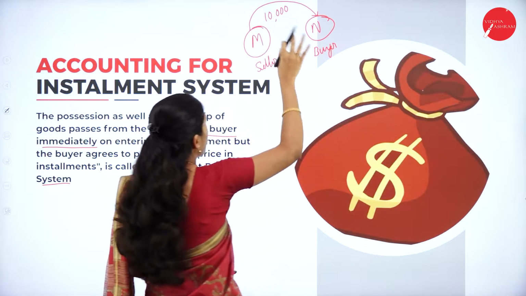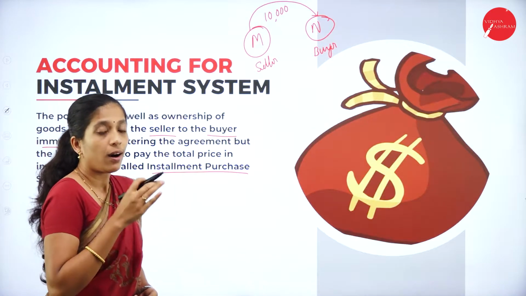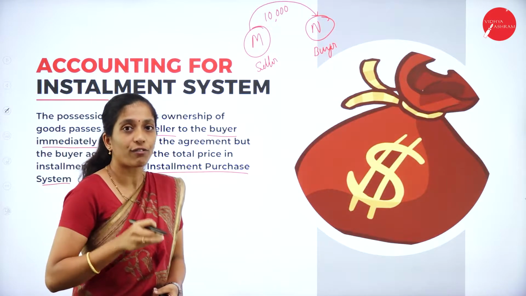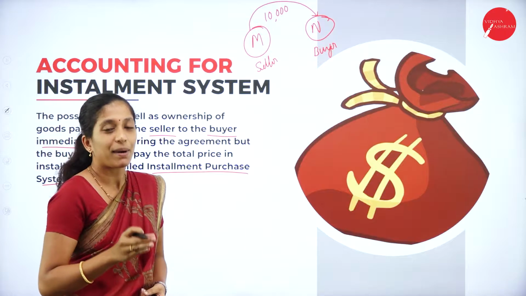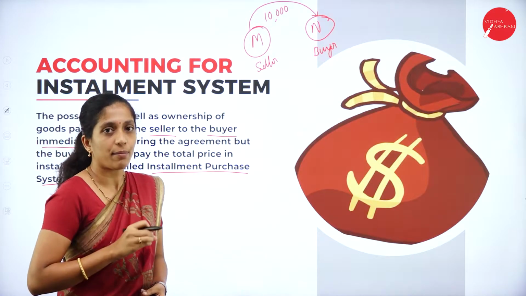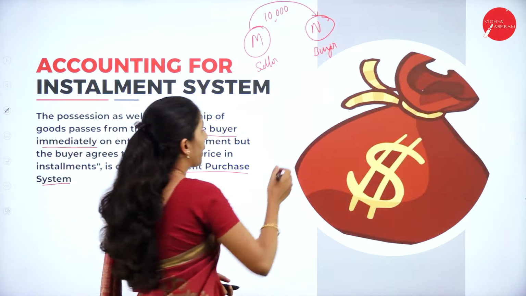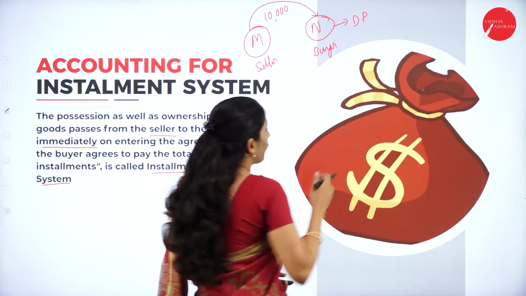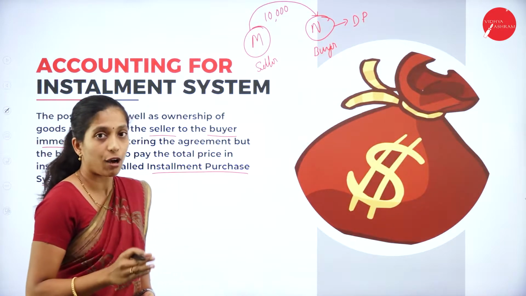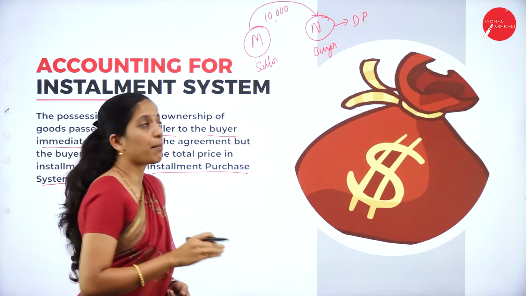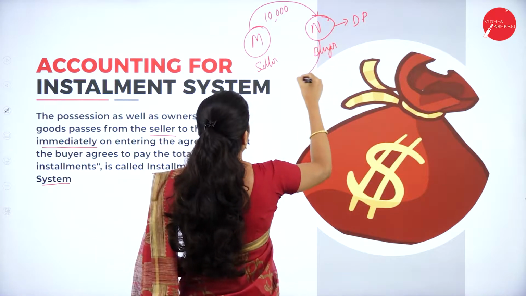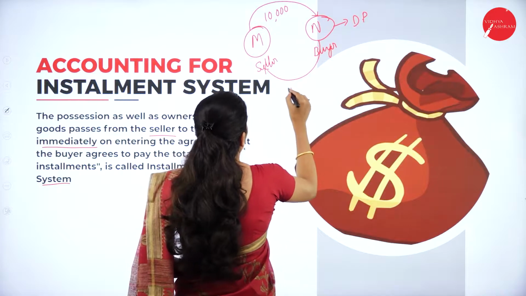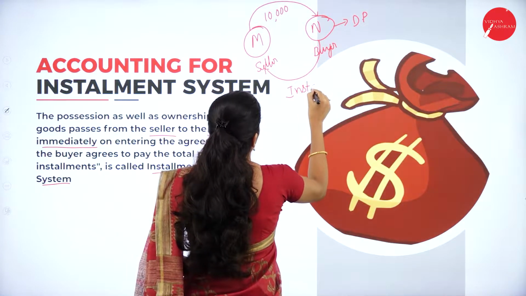M transfers the asset to N on the condition that on the delivery of that asset, N or the buyer has to pay a certain amount which is known as down payment. So the payment which is made on the date of delivery of an asset is known as down payment, and the remaining amount will be paid by N to M in the form of installment.